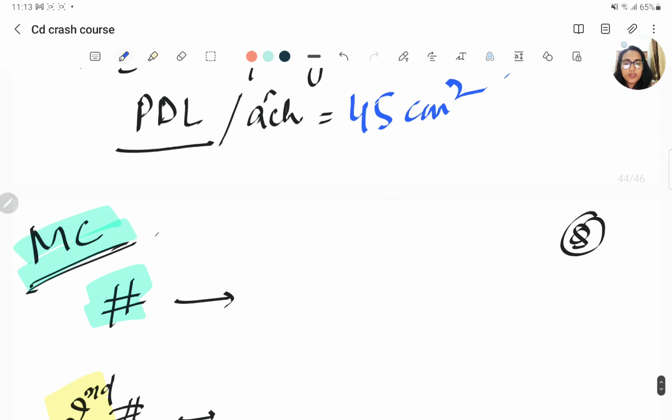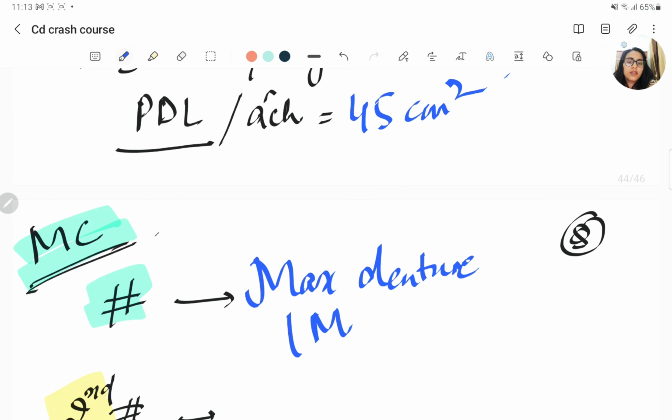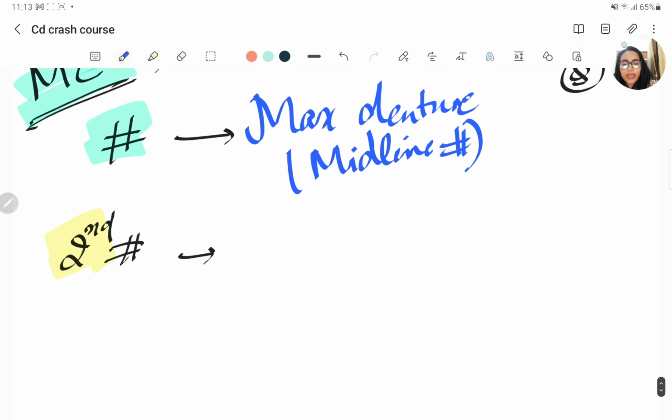Most common fracture is the fracture of a maxillary denture. Especially the fracture is present in the midline. So midline fracture 60% of the cases. Second most common is the mandibular denture fracture.